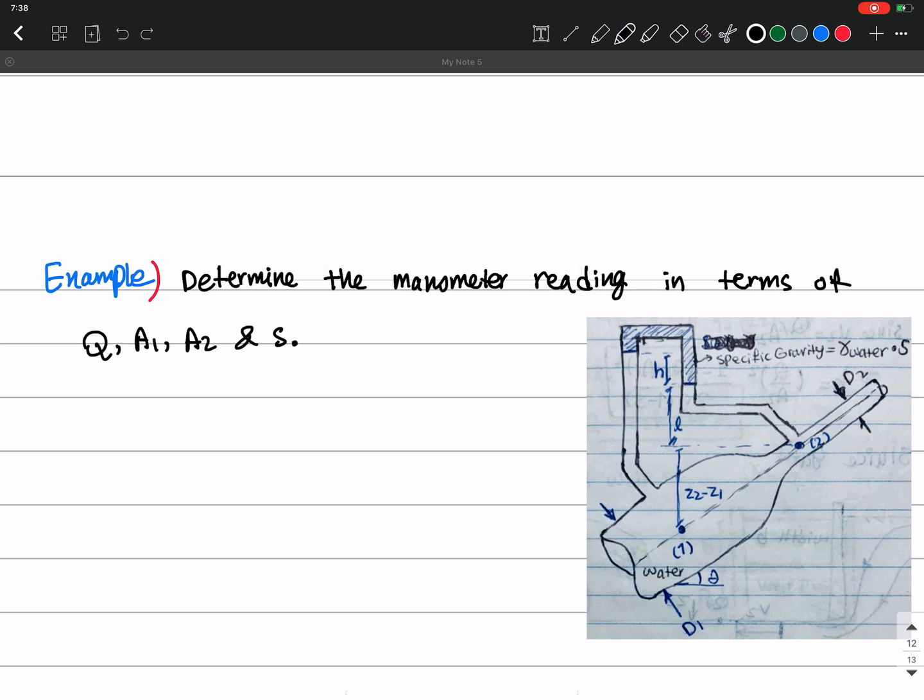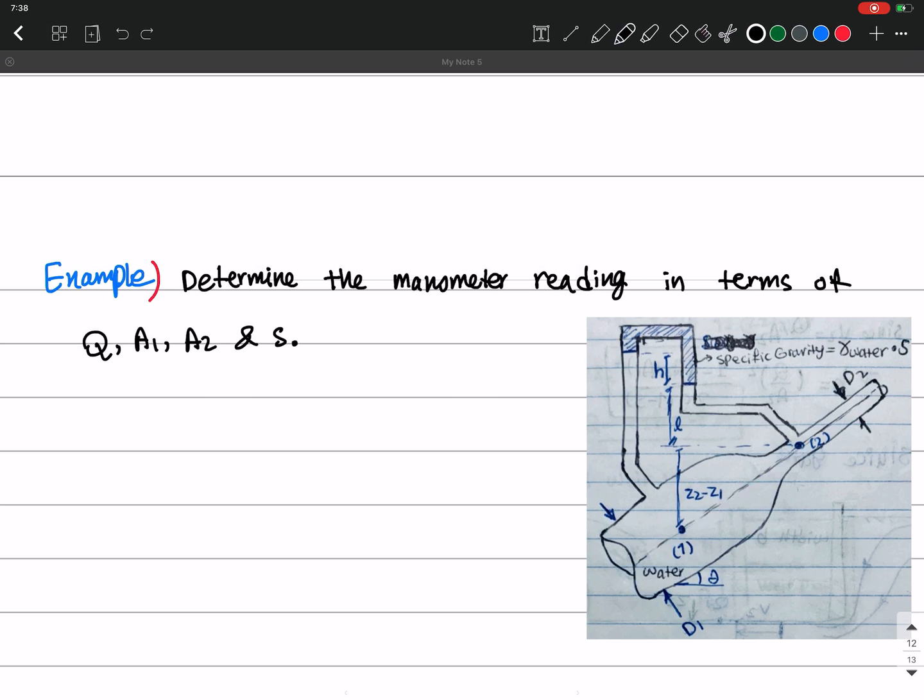And then here, this section has a bigger d, and this one has a smaller d. And also this is inclined, so the flow direction is not completely vertical or completely horizontal.